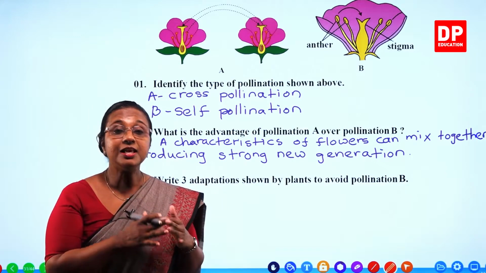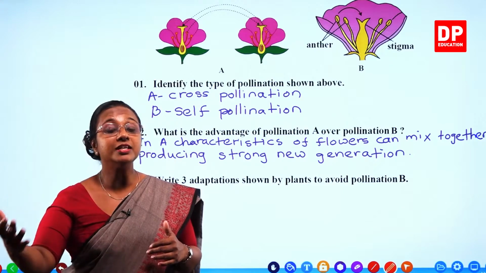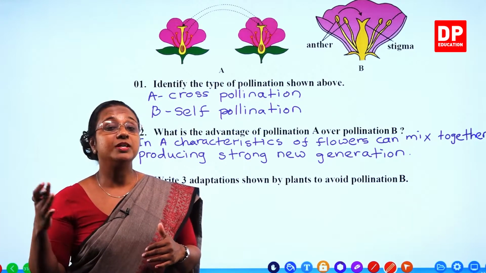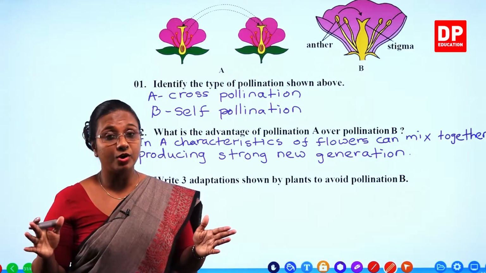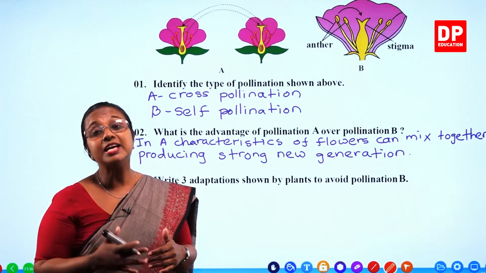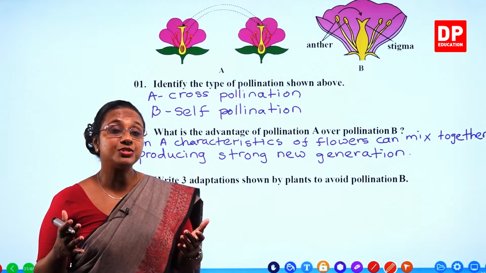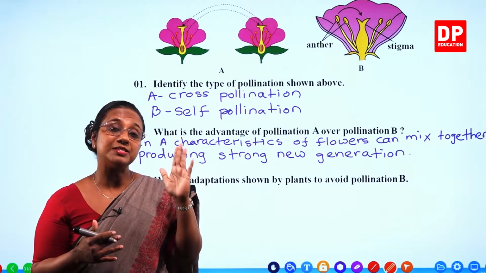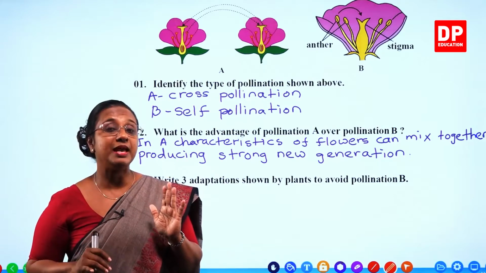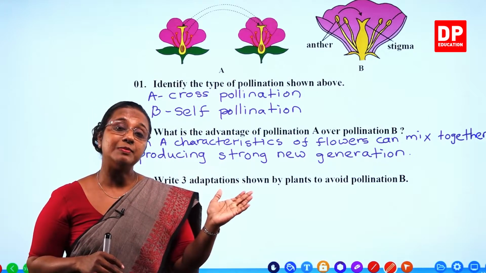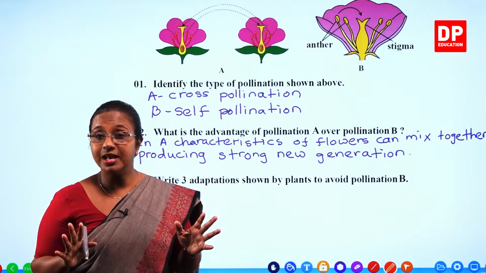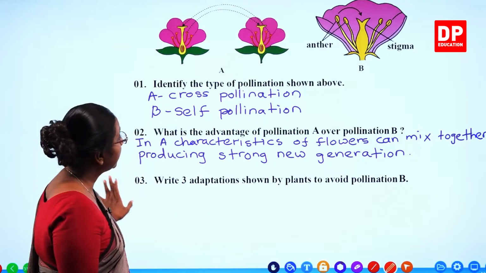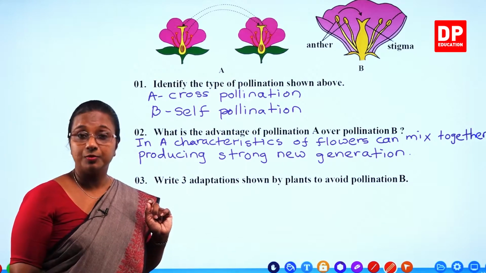Either the pistil matures first or the stamen matures first. So then of course self-pollination will be avoided. Then there is the extrostamens. Either the stigma will be straight and the stamens are bent, or the stigma will be bent and the stamens will be straight. So those are all different adaptations shown by plants in order to avoid self-pollination.